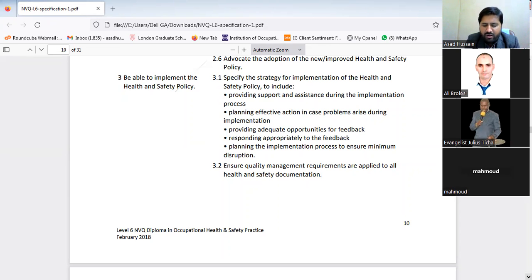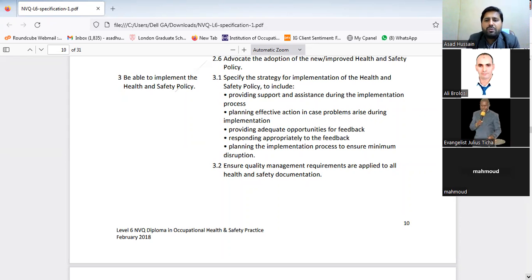You have different recorded documents, evidences, and many other things. So it is saying that the documentation process or the document control for health and safety should be on good quality standards.